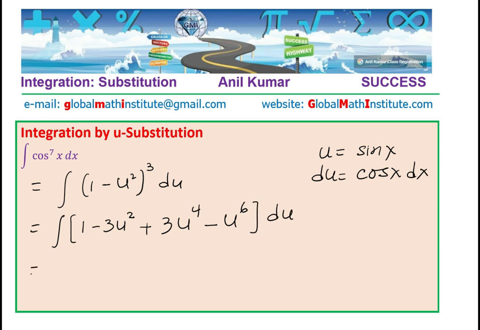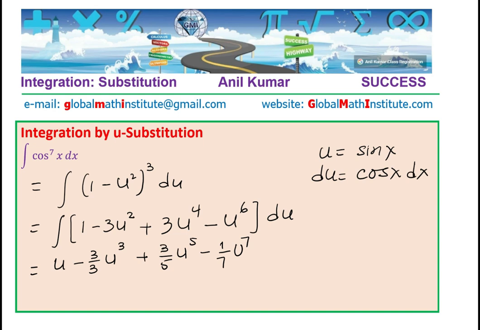And now you can easily find the integral of this, which is u minus 3 by 3 u cube plus 3 by 5 u to the power of 5 minus 1/7 of u to the power of 7, correct?